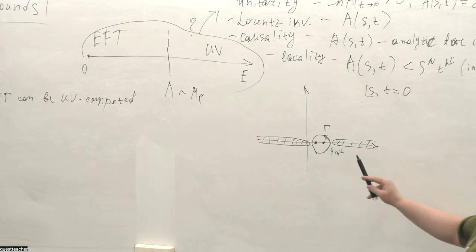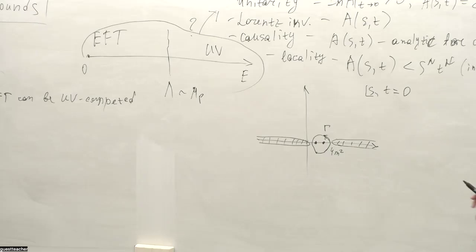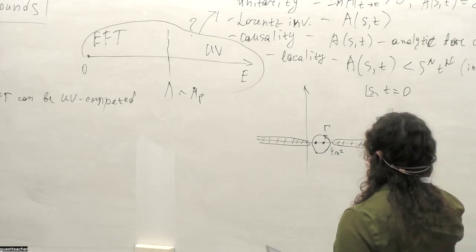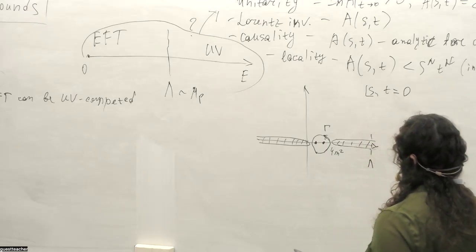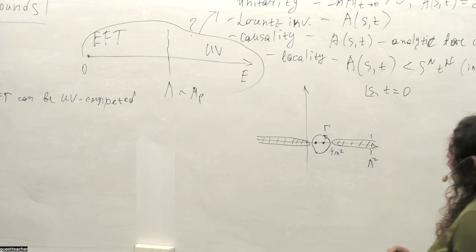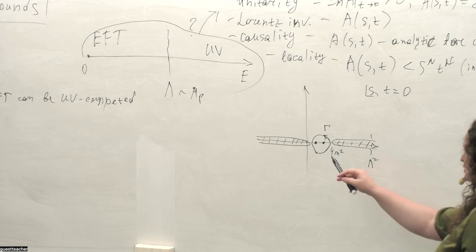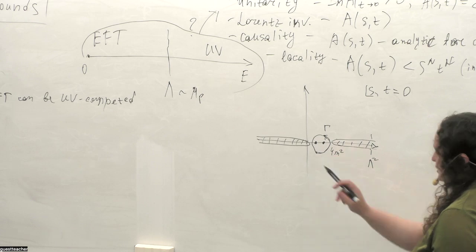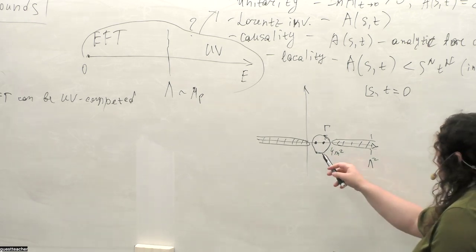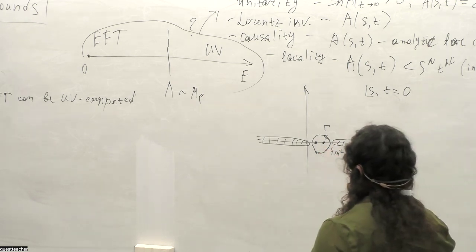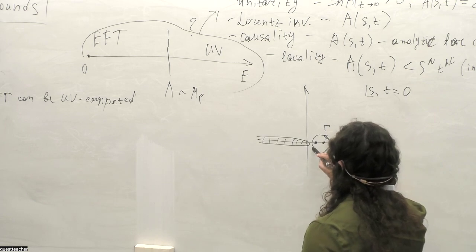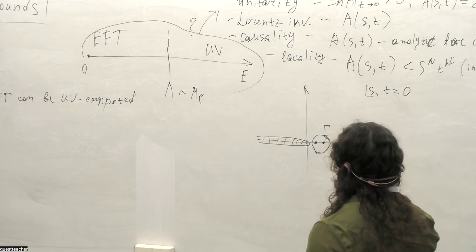This is some computation which can be done fully within the effective field theory. And yes, here effective field theory breaks down. So we don't need any knowledge about UV if we just set a question that let's compute a small contour integral along all the poles which are there.